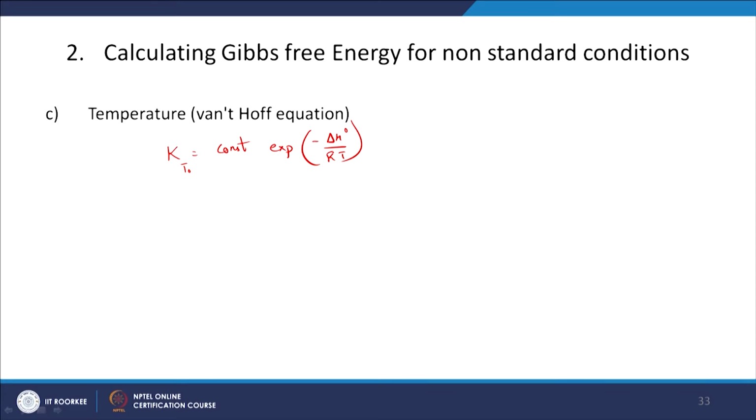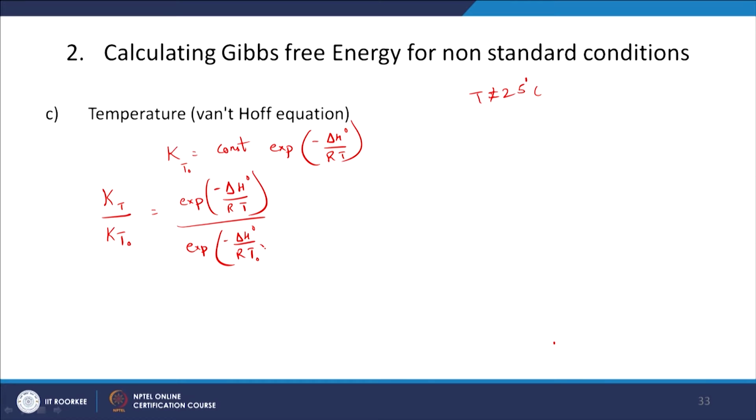Now if I want to look at the change when temperature is no more 25 degrees centigrade, I can look at the ratio of K at temperature T, not at standard condition, by K at T naught. The constants cancel out, leaving exponential of minus delta H naught by RT by exponential of minus delta H naught by RT naught.